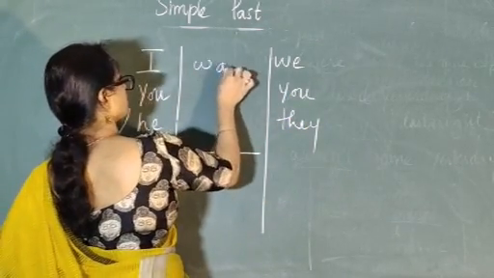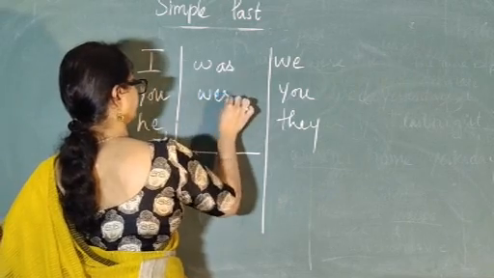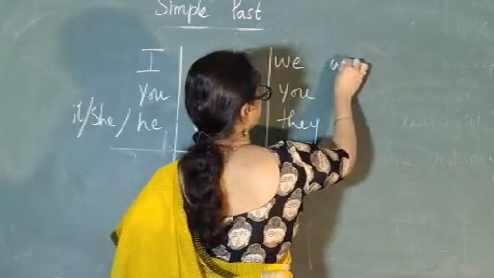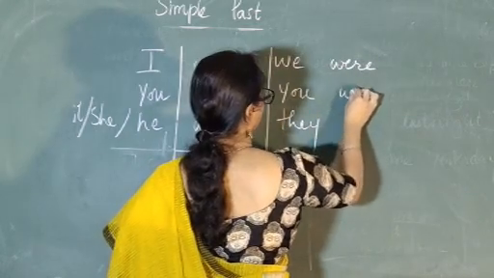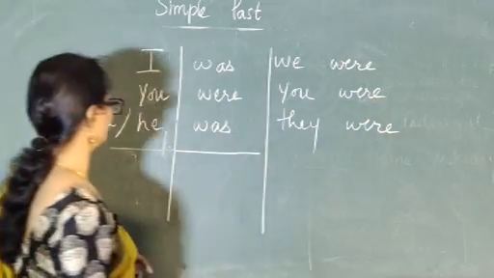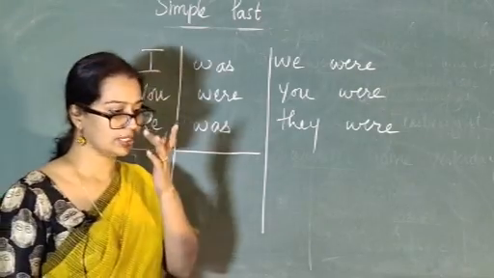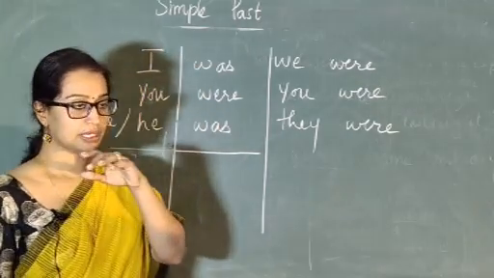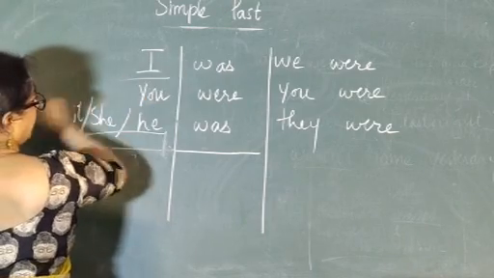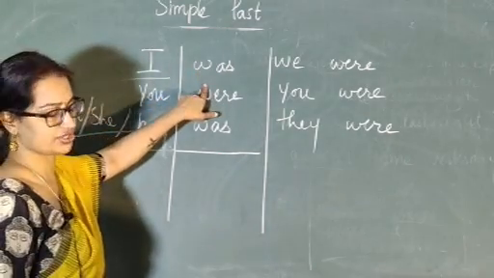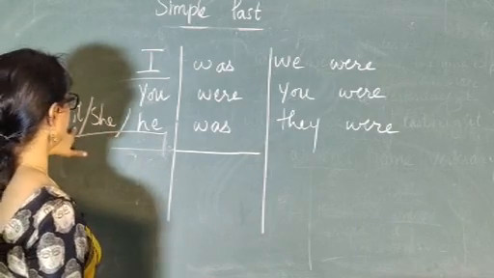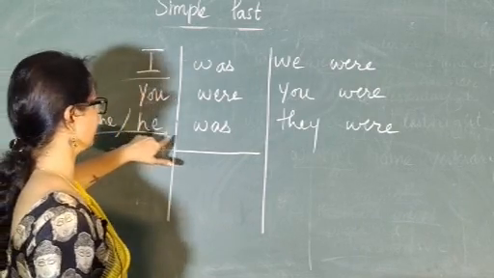I was, you were, he was, we were, you were, they were. Okay, so where do you use was? Here you will use was with he, she, it and I. I was, you were, he was, she was, it was.